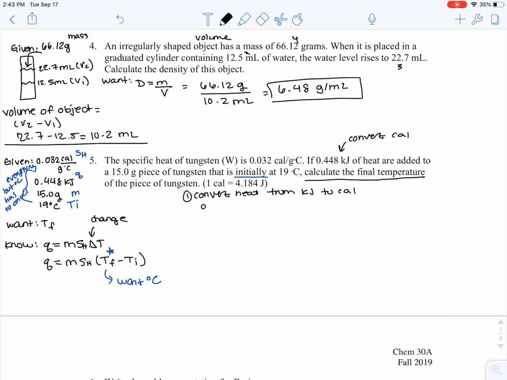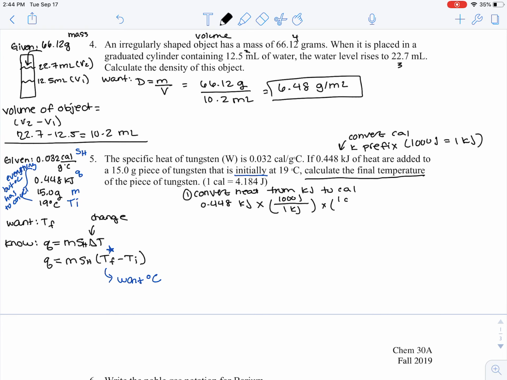So I take the 0.448 kilojoules times, now I have to remember the K prefix. This is bigger. 1,000 joules is in 1 kilojoule. So times 1,000 divided by 1 kilojoule times my conversion to calories. So 1 calorie is equal to 4.184 joules.